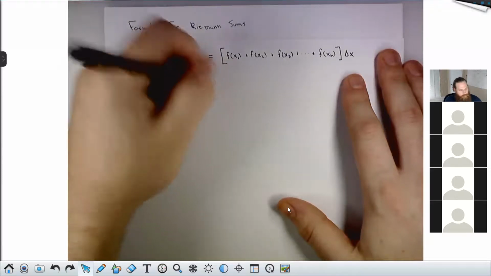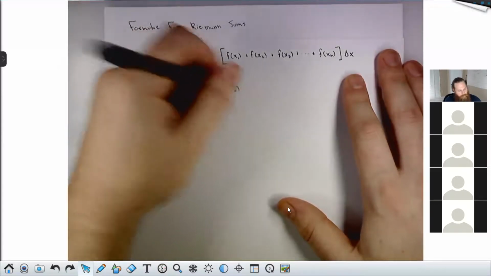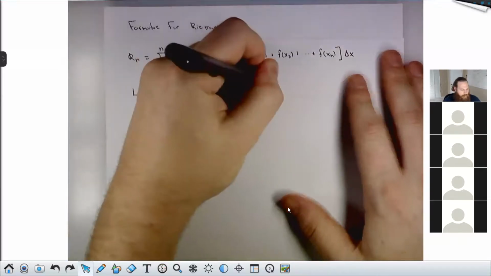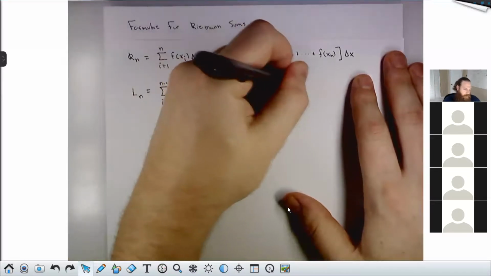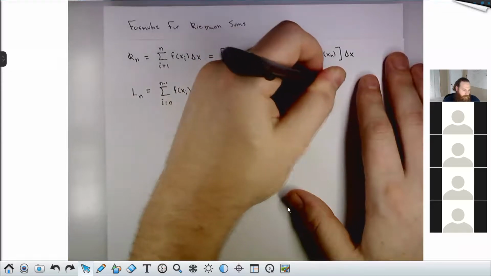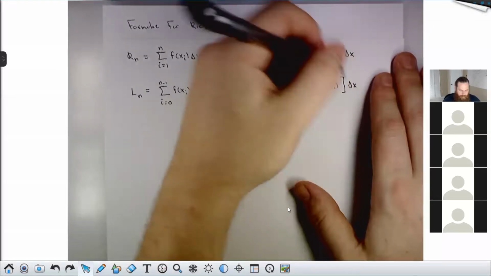And this can be written as f of x0 plus f of x1 plus f of x2 all the way out to f of x n minus 1, times delta x.